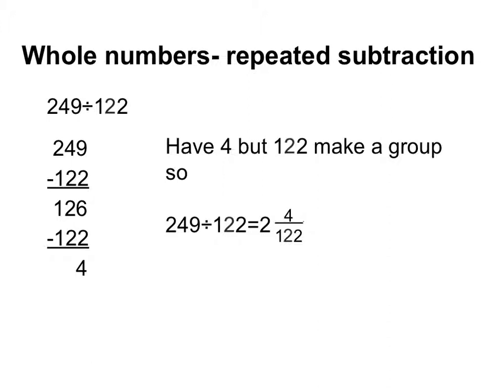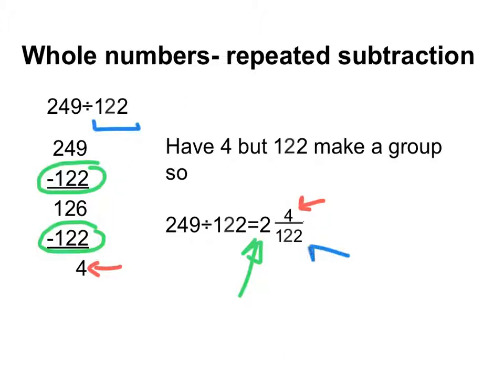So I subtracted 122, I subtracted 122, that's my whole number. It went in 2 times, and then I had 4 left over when 122 makes a new group.